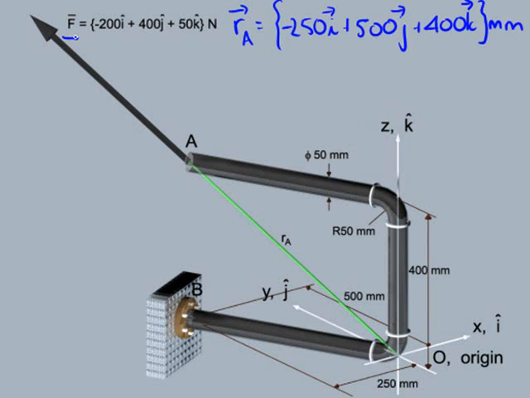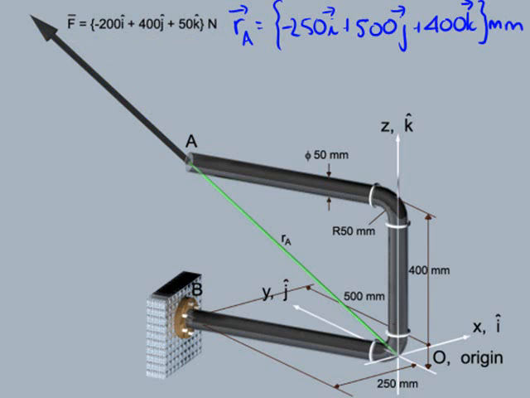The force F is represented by the vector minus 200i plus 400j plus 50k newtons, which describes the magnitude of the force and the direction of the line of action of the force. Notice that F is applied at A, so the point A lies on the line of action of F.